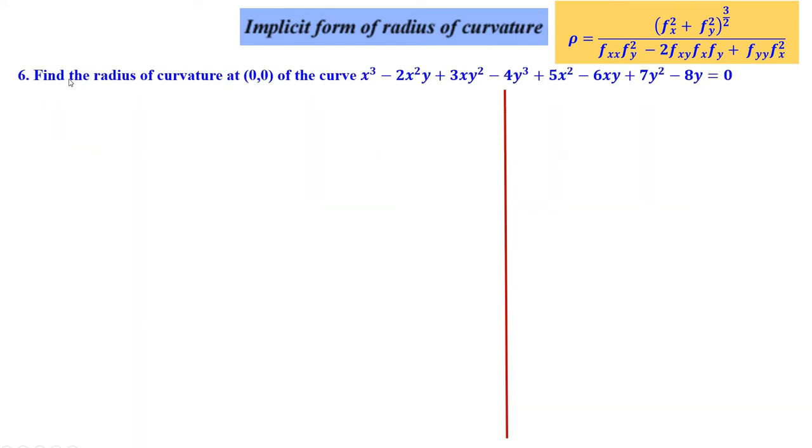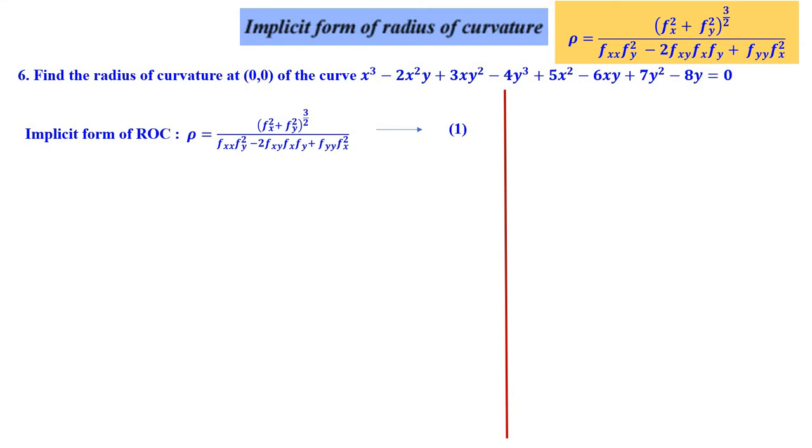So this is the problem, find the radius of curvature at the point of the curve. So here it is in Cartesian form, but implicitly it is given. So we'll have to use this formula. So the implicit form of radius of curvature is this, write that down and name that as equation 1.